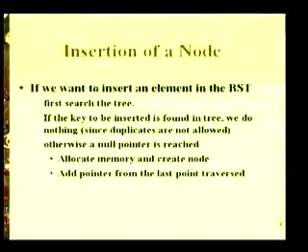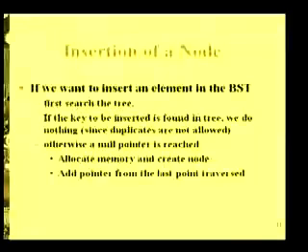But we would like to look into some of the basic operations out of these. One of the very basic operations which I would like to see here is insertion into a BST. Now, if you want to insert an element into a BST, what are the steps? The first step will be to search the tree. If you have written the search, that step can directly be utilized here.